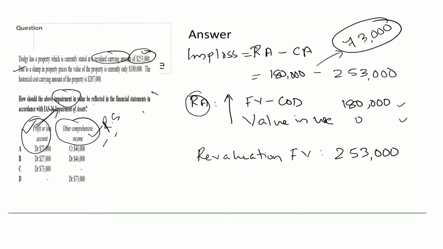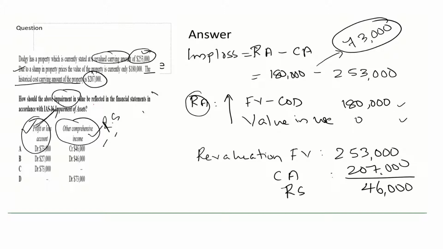Now what was the value before that? The question states that the historical cost carrying amount of the property is 2,07,000. So before this revaluation, the carrying amount was 2,07,000. From this we can infer that there is a revaluation surplus right now in the books, which is 46,000.